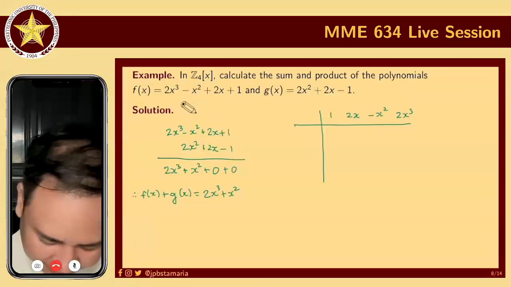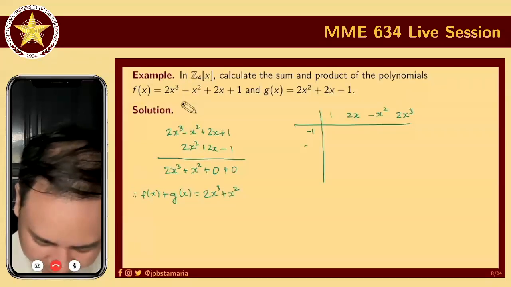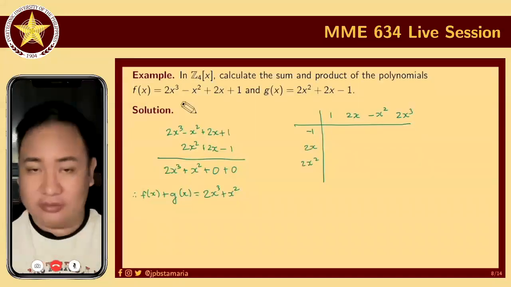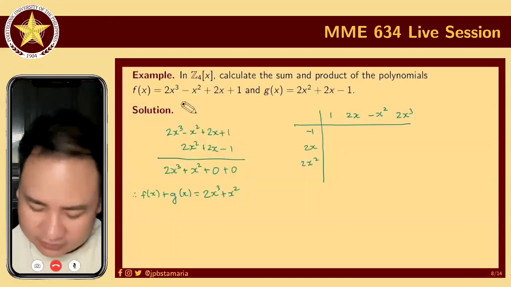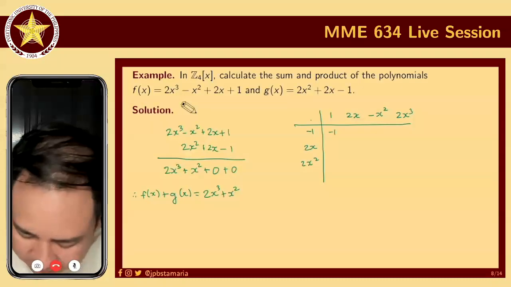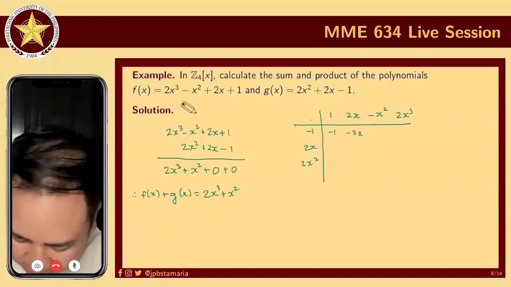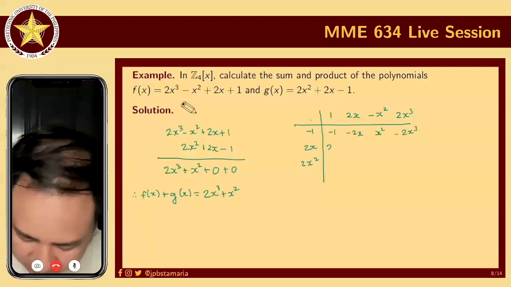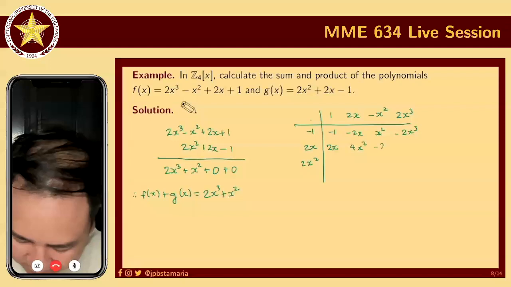Tapos, pababa naman yung isa. Ganyan. O, tapos, do it like this. Negative 1, negative 2x, x squared, minus 2x cubed. 2x, 4x squared, 4x to the 4th.